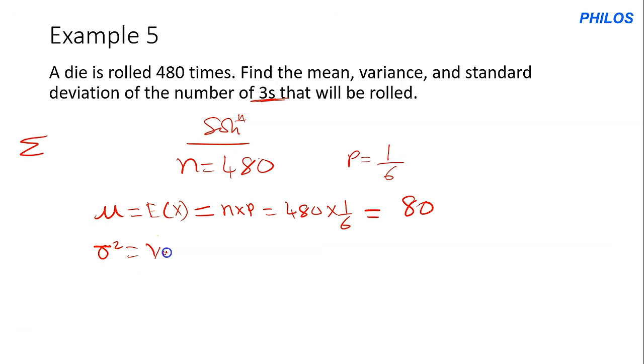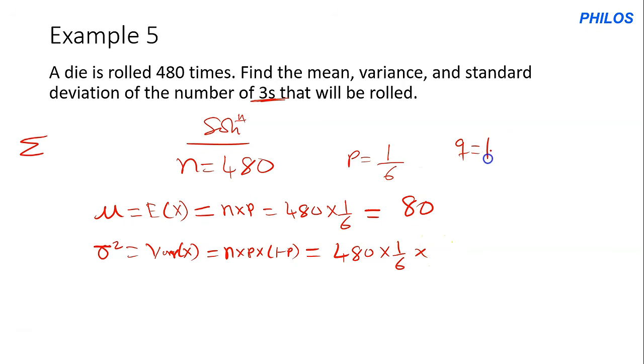So the variance of x should be equal to n times p times 1 minus p, or n times p times q. So that will give us 480 times 1/6 times q. What is our q?